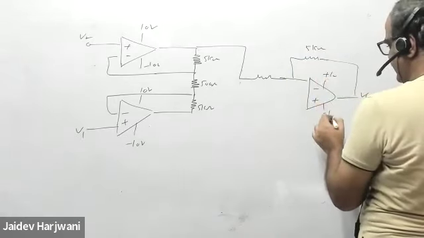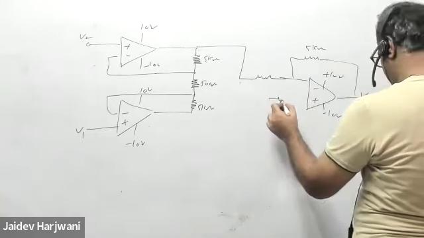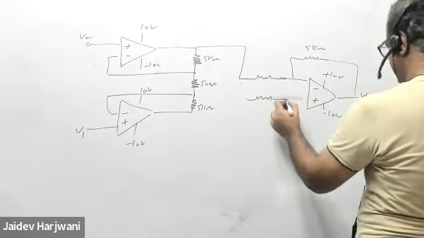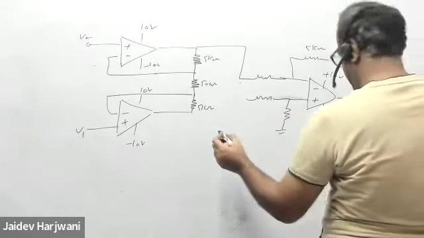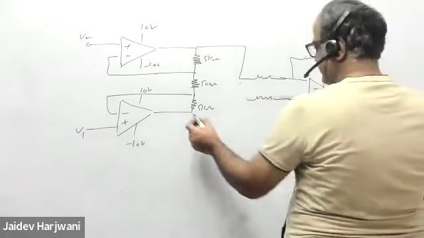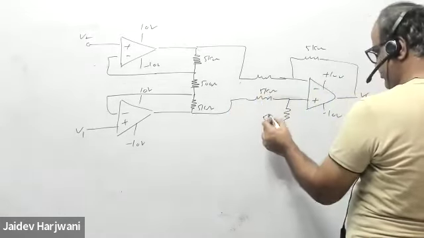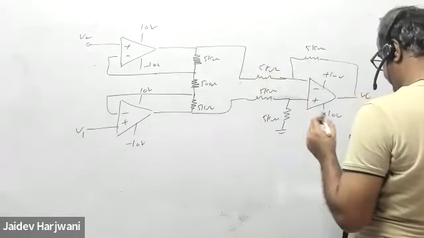I already gave the formula for this question. Simple formula. So this is like this, and this is coming from here to here. 5 kilo ohm, 5 kilo ohm, 5 kilo ohm.